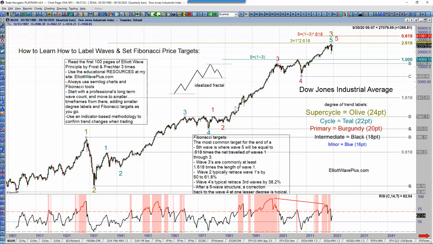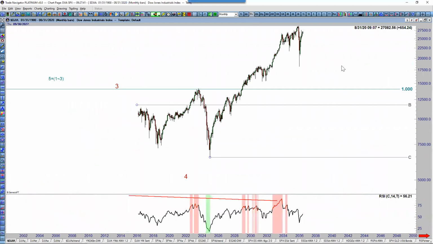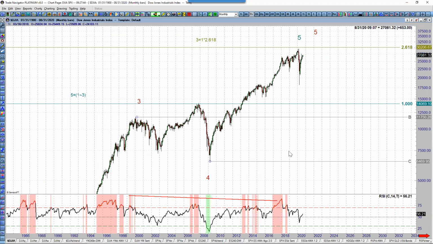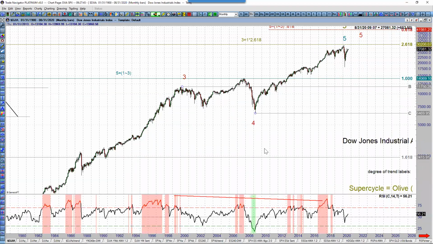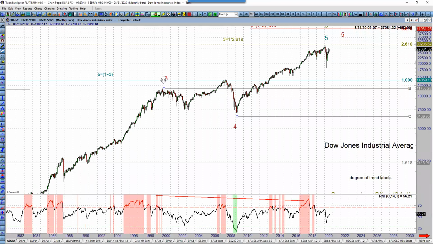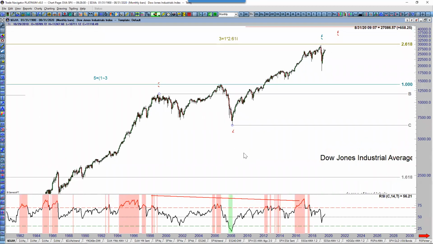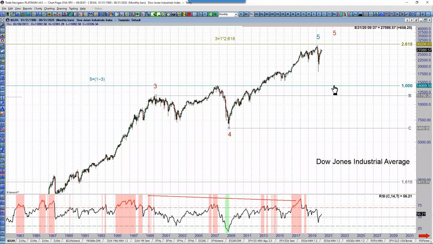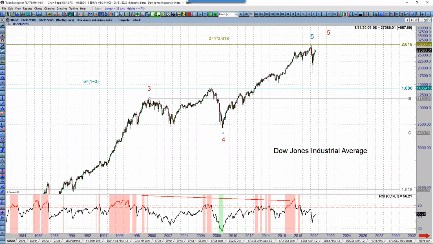So now I'm going to take this chart and I'm going to change it from a quarterly to a monthly chart. And once I'm in the monthly, we're basically dealing with the Y2K high, the year 2000, and the 2009 low. And so this is a monthly chart of the Dow Jones Industrial Average.